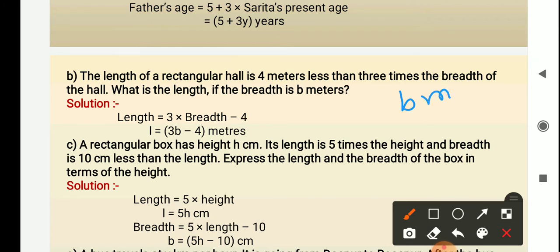We have to find out the length. So length is 4 meter less than 3 times breadth. For 3 times breadth, we have to multiply 3 by B, and for 4 meter less than, subtract 4 from 3B. So the length of the rectangular hall is 3B minus 4.